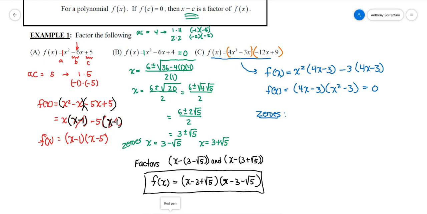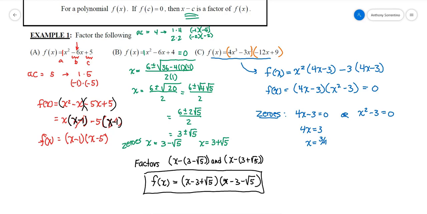And the zeros of this polynomial would be occurring when 4x minus 3 equals 0, or x squared minus 3 equals 0. And if I solve both of these, for this one here, I'm going to add 3 to both sides, divide both sides by 4.